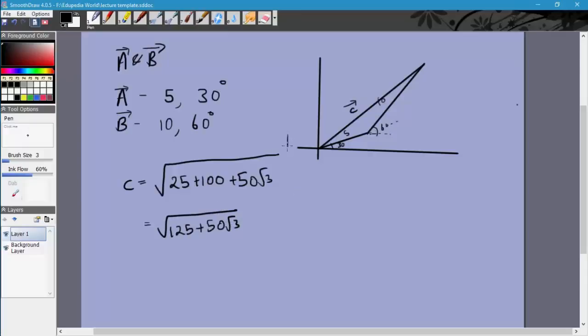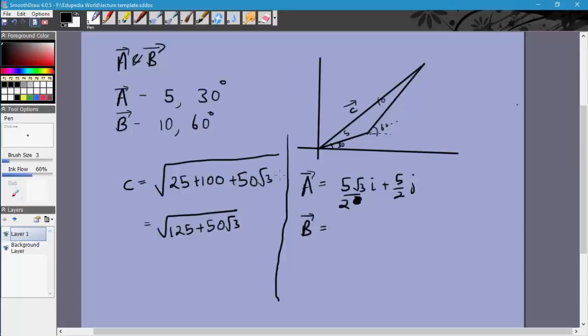Now we can do the same thing by converting them both into x and y components. So let's write both of these vectors in terms of their x and y components. The first vector A can be written as 5 cos 30 i cap or 5 root 3 by 2 i cap plus 5 sin 30 j cap, that is 5 by 2 j cap.